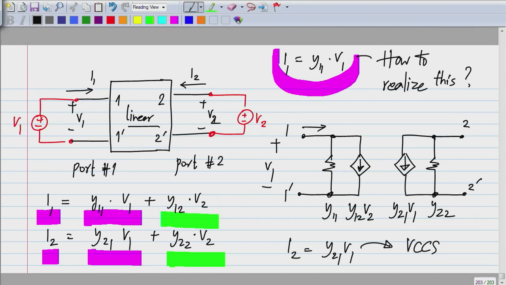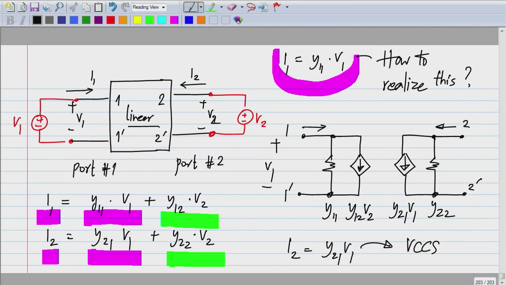Okay, so this is an equivalent circuit representation of a two-port network. Any linear two-port can be represented like this. That's the advantage of this. See, the point of having all these representations is that you will end up designing very complex circuits which have lots of components.